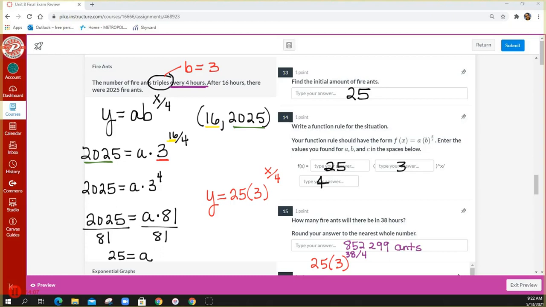And you don't need to type in the word ant. So let me take that off because Canvas will mark it wrong. I think it's only going to allow you to type in a number.